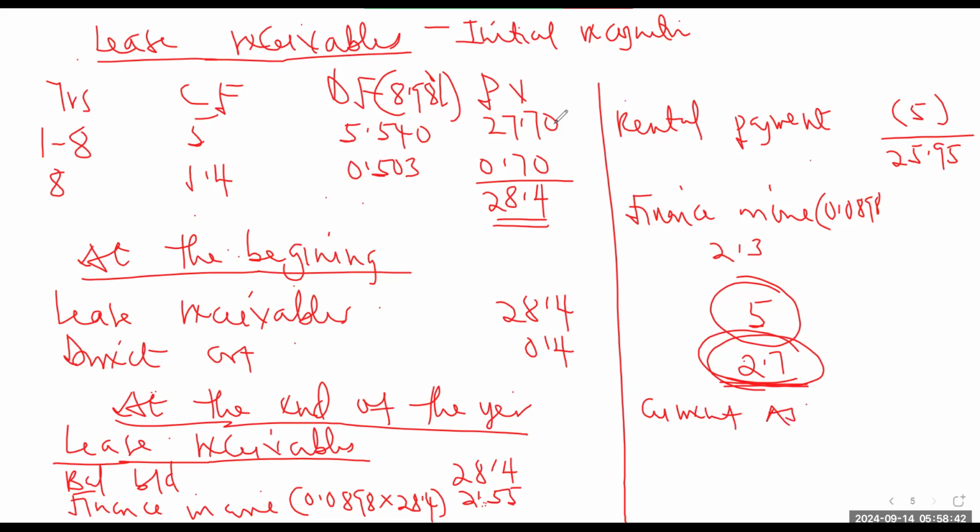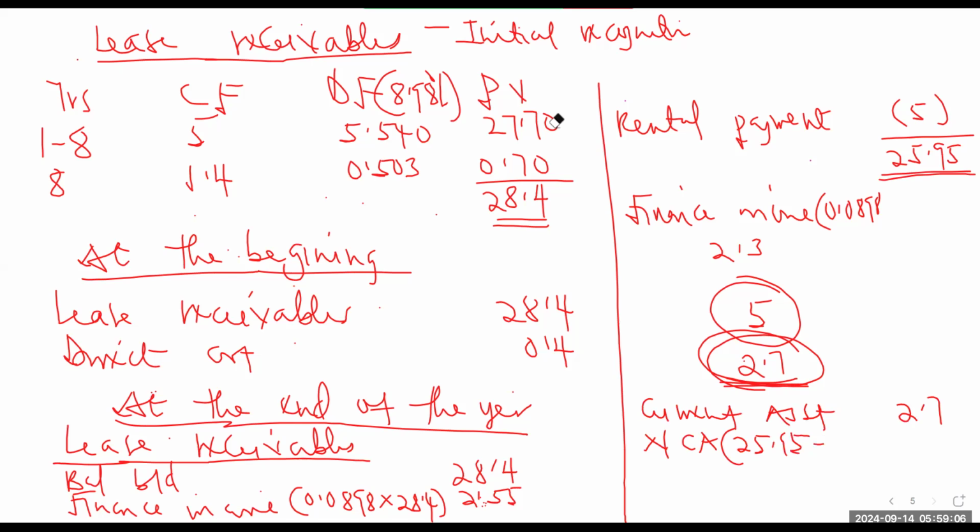Then your non-current asset will be the total lease receivable less the principal payment, so 25.95 minus 2.7. If you put the two together, you still have the same value.